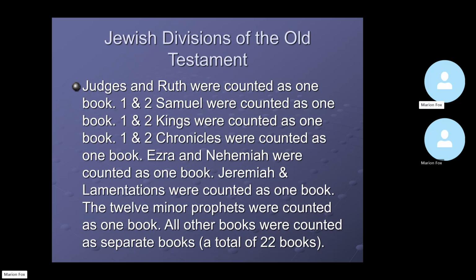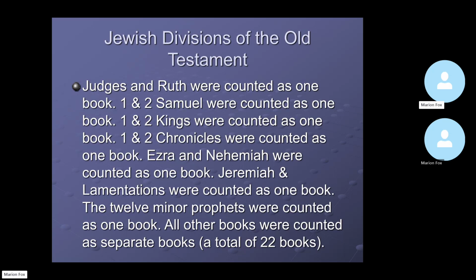So when you start looking at it, you can see where they had Judges and Ruth, we have two books, they had one. First, Second Samuel, we have two, they had one. First, Second Kings, and so forth. So the number of books would be reduced by putting them together.